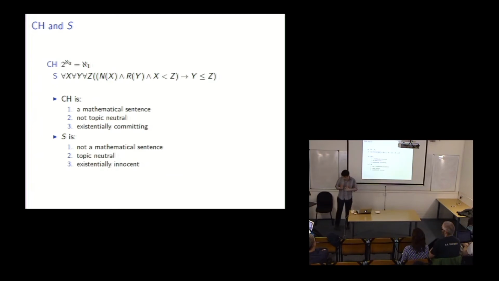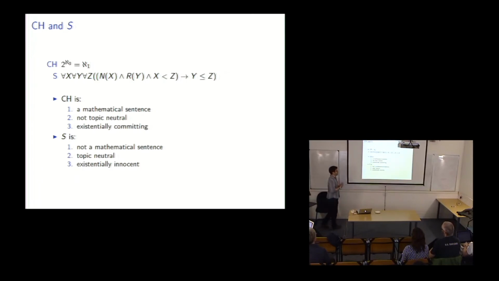Oh, first of all, before we go through those, let's just point out a few features of these sentences CH and S, which are going to be helpful and which we're going to be returning to at certain points during these arguments. So the continuum hypothesis, as I've said, is meant to strike us as a mathematical sentence. Second, it's not topic neutral, because it's about sets, sizes of sets and relationships between them.